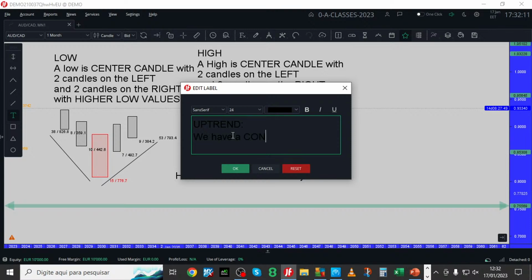We have a confirmed uptrend when we have a minimum of 2 highs and 2 lows, where the second high and the second low are a higher high and a higher low.